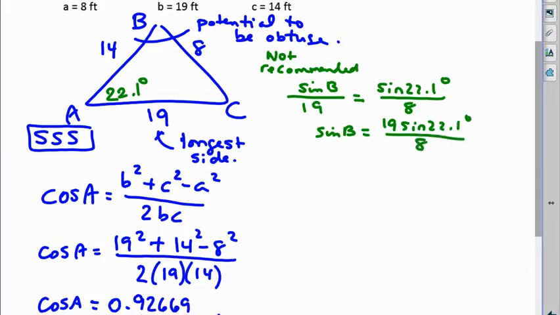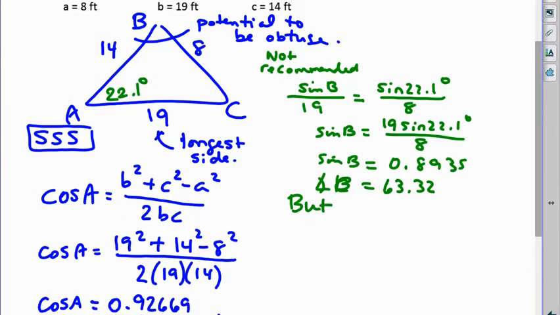And then I get sine of B is equal to, and I need my ratio, which I'm going to have to punch in. Sine of 22.1, I might have some rounding errors because I don't have the exact value, so 0.8935. And so my angle B, I think that it's 63.32.